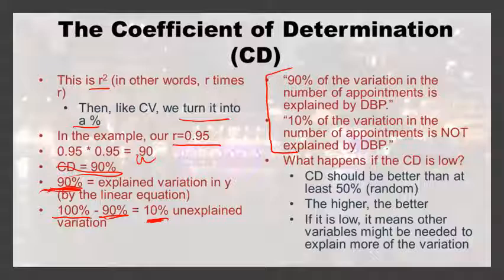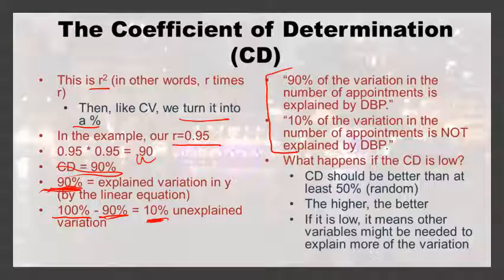So what does that mean? Well, obviously, the higher the better. The higher the percentage, the better, because that means the X is accounting for a higher percentage of the variation. That means you figured something out.